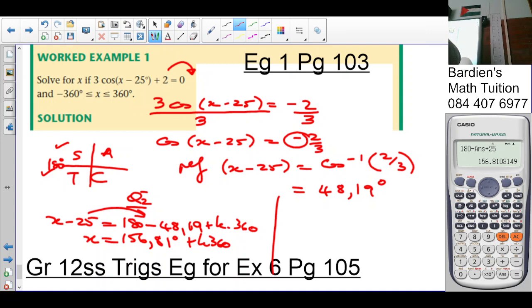And then in quadrant 3, how do you get into quadrant 3? It's going to be x minus 25 equals 180 plus 48,19 plus k times 360.